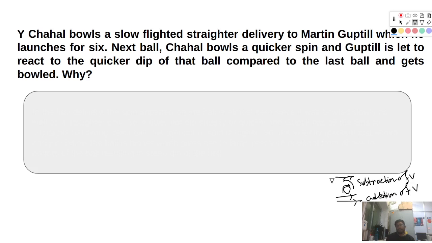So here there is a larger v, there is a smaller v, and let's say this is a capital V. Now here Bernoulli's theorem is also applicable, right?